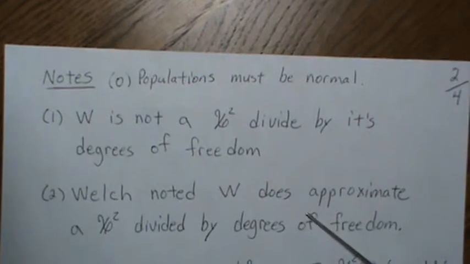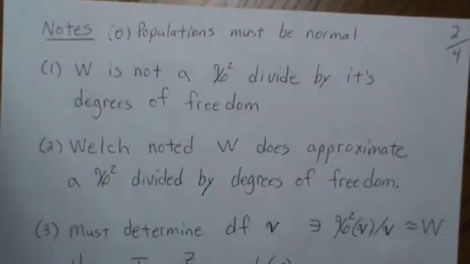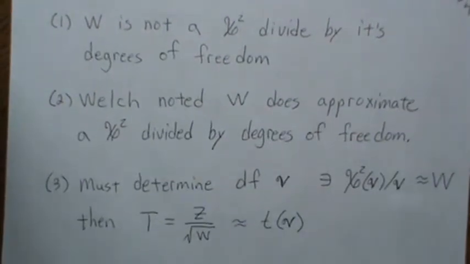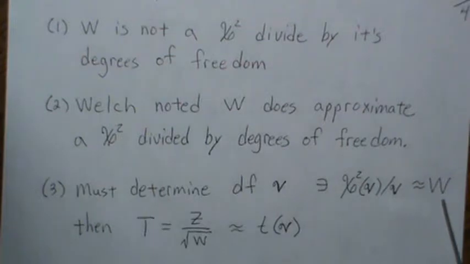So Welch noted that W does approximate a chi-squared divided by its degrees of freedom. So he wanted to find a chi-squared divided by its degrees of freedom that's really close to W. Then this will be an approximate T distribution. And those are the steps that he took.